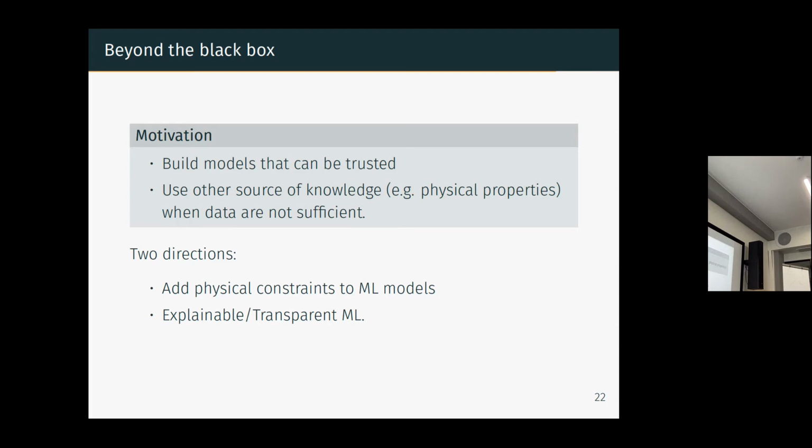One other reason to try to understand what's going on in the machine learning is that maybe you know something about the system. It is the case for physical models, for example, when you want to represent a physical system, you know things about the system. One thing you know, for example, is that systems are energetically balanced.